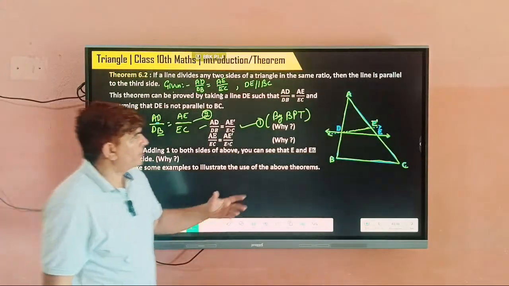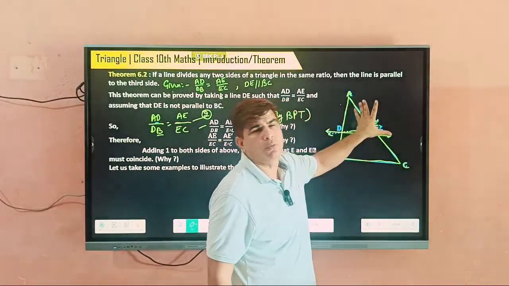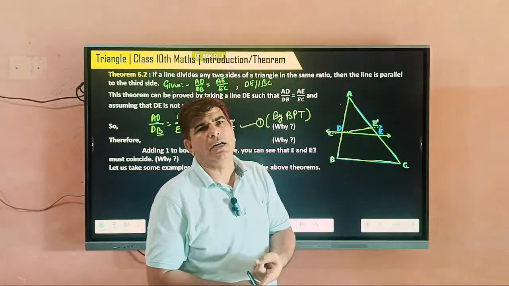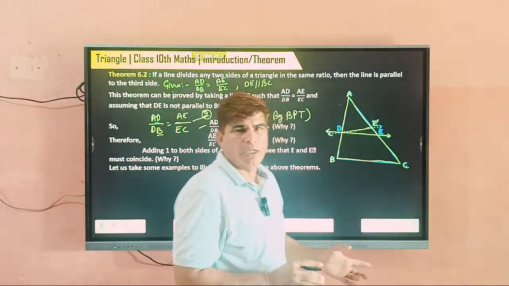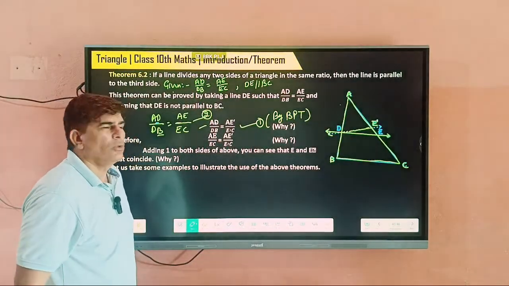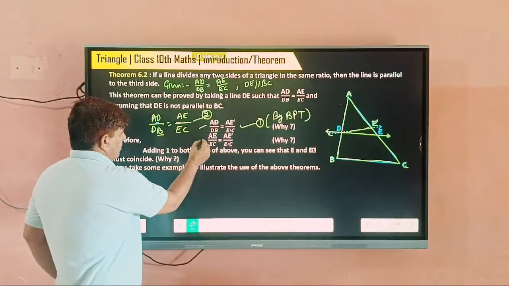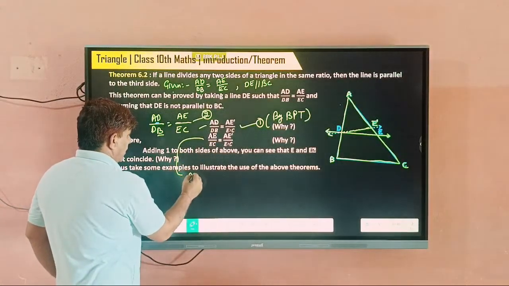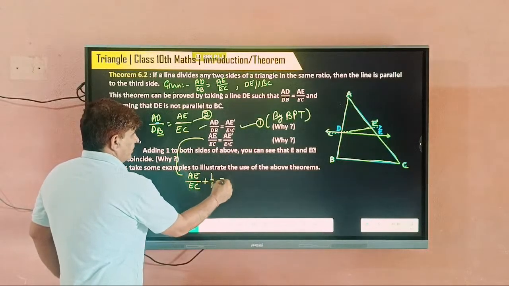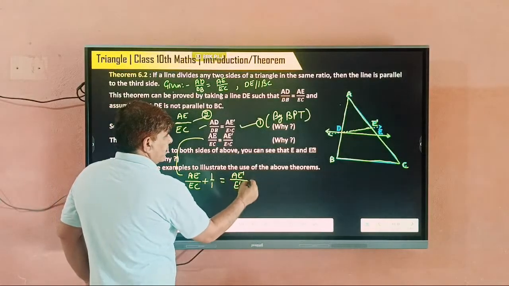Is it possible? AE dash is this, A is this. Not possible. This is possible only when E and E dash are the same point. Understood? Otherwise, you can add one to both sides. So AE by EC plus 1 equals AE dash by E dash C plus 1.